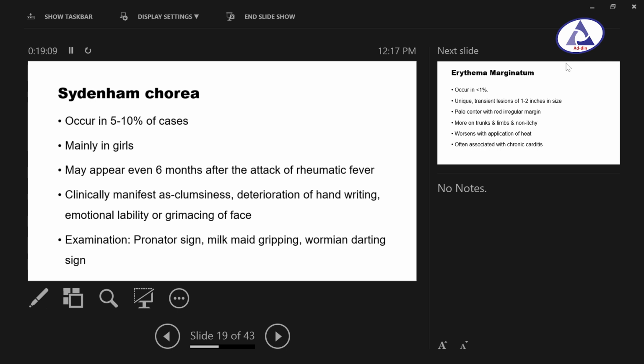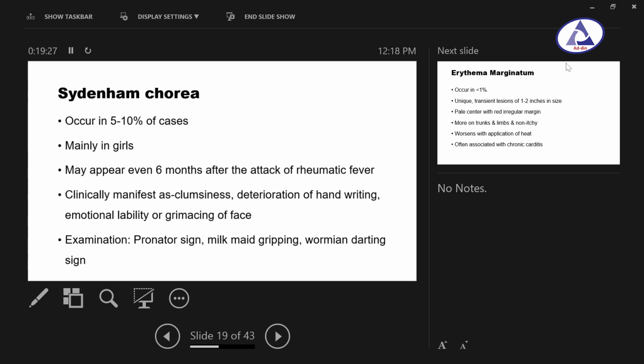Chorea is a feature of acute rheumatic fever unless other causes are excluded. A single manifestation of it is enough to diagnose acute rheumatic fever.